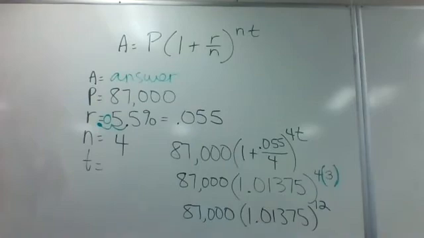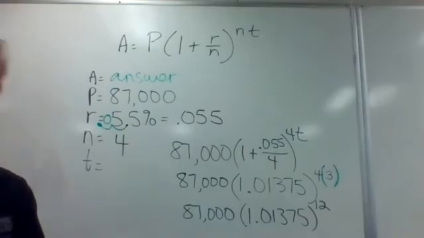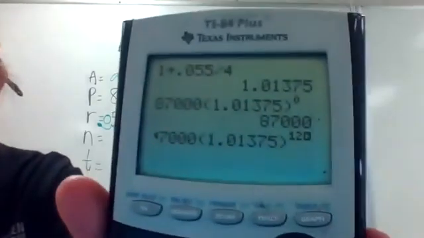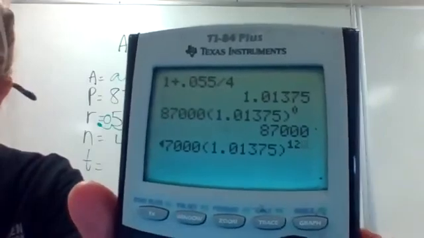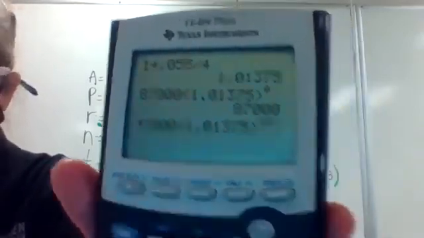So again, you're just punching that in your calculator. 87,000, open parentheses, 1.01375, close. This time when you go up into your exponent, you're going to put your exponent as 12. Enter.